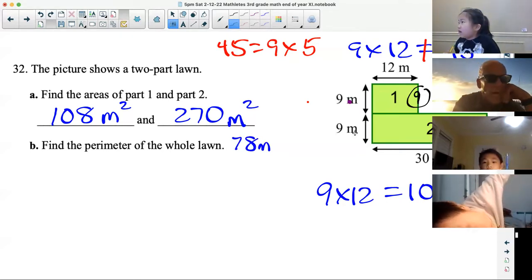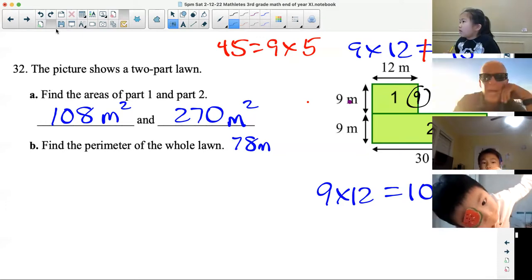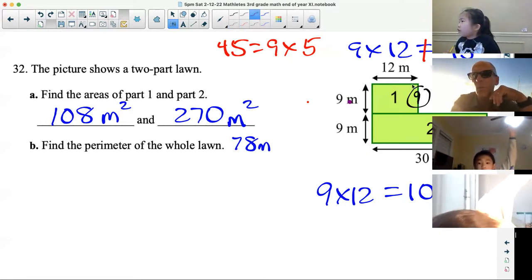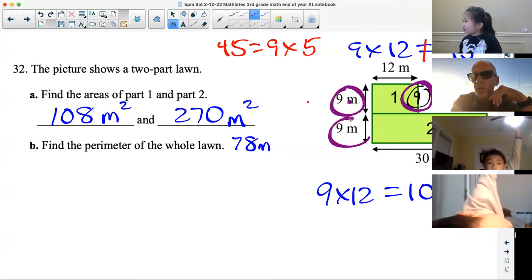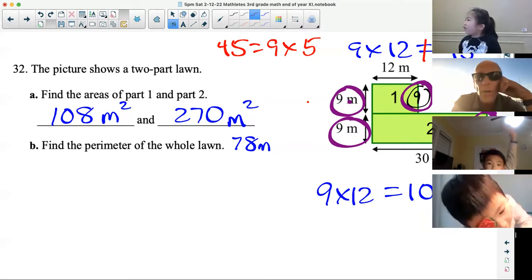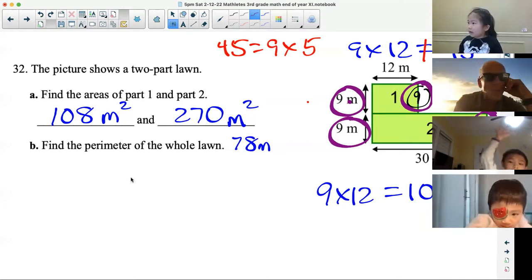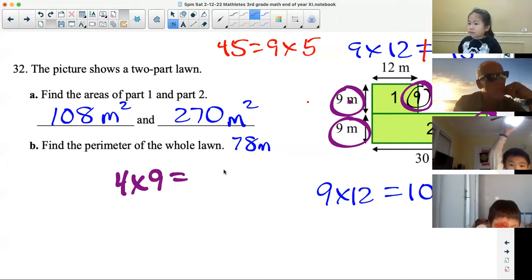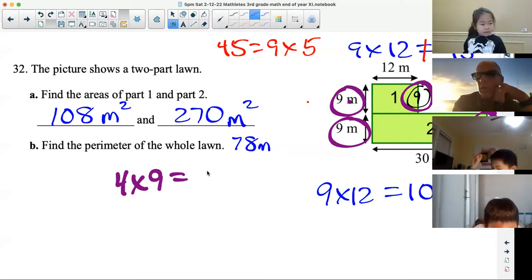So how many 9s do we have? 1, 2, 3, 4. Four 9s. All right. So what is 4 times 9, everybody?